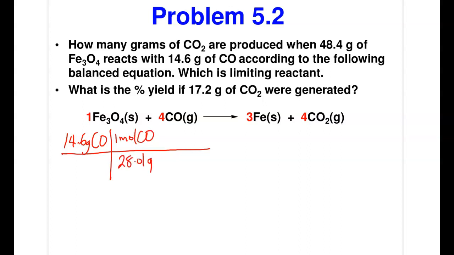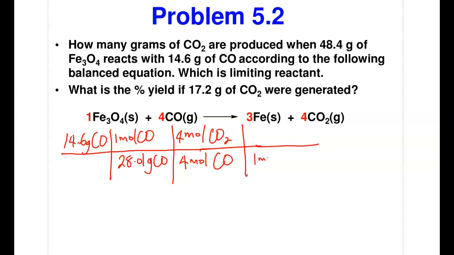1 mole of CO, earlier I told you, is 28.01 grams of CO. And then what's the mole ratio? 4 moles of carbon dioxide to 4 moles of CO, so it's 4 moles of CO2 over 4 moles of CO. And then again, the molar mass: 1 mole of CO2 will give you 44.01 grams of CO2.